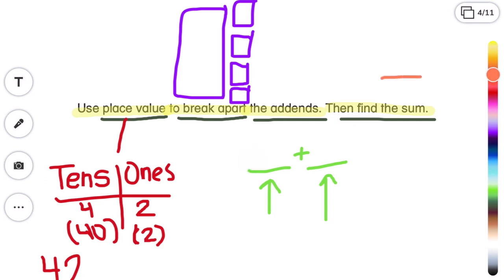We know that means we're going to add. Now let's read our directions through one more time. Use place value to break apart the add-ins, then find the sum.